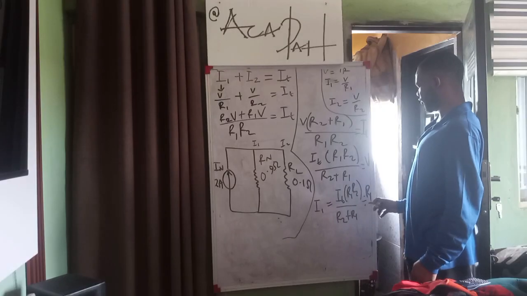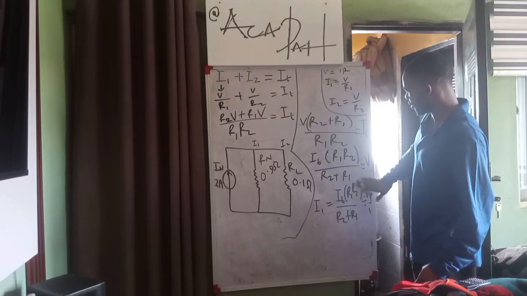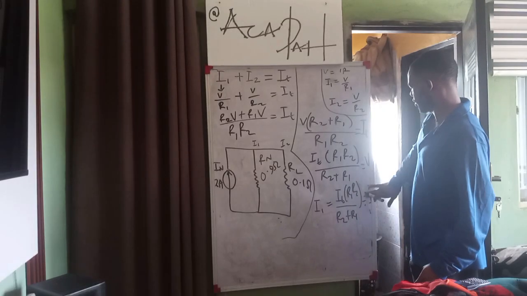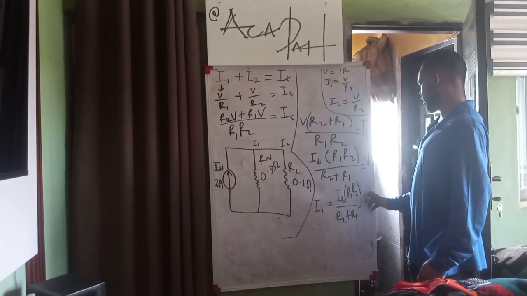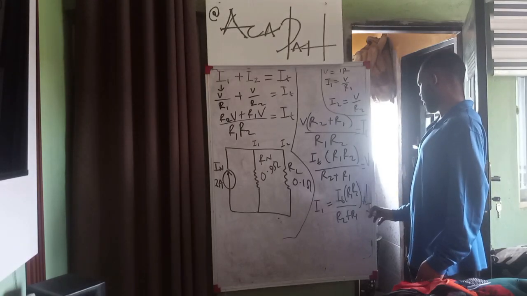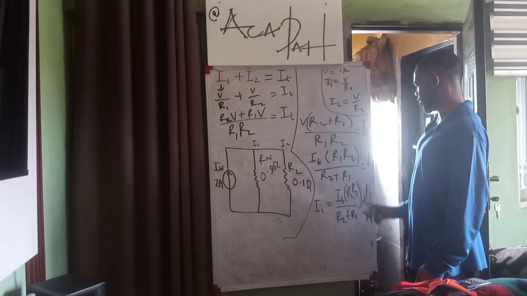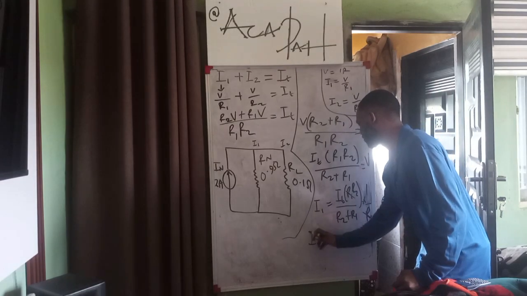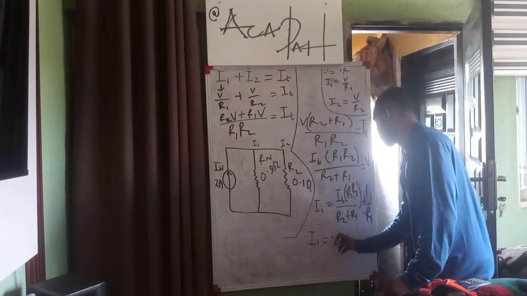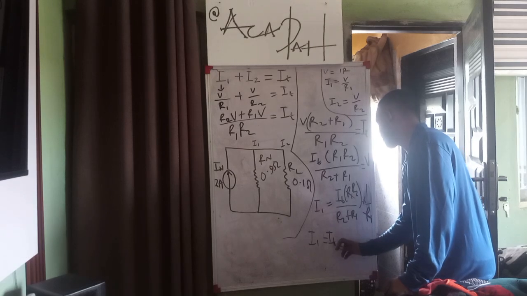You remember that dividing by R1 is over 1. From mathematics knowledge, this is the same thing as saying times 1 over R1, so that this can cancel this, so that I1 will be equal to total current.